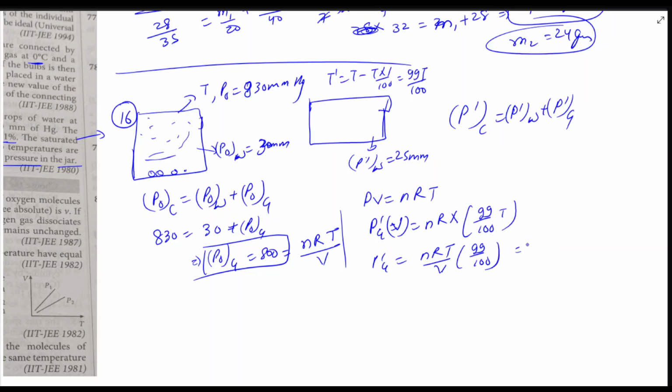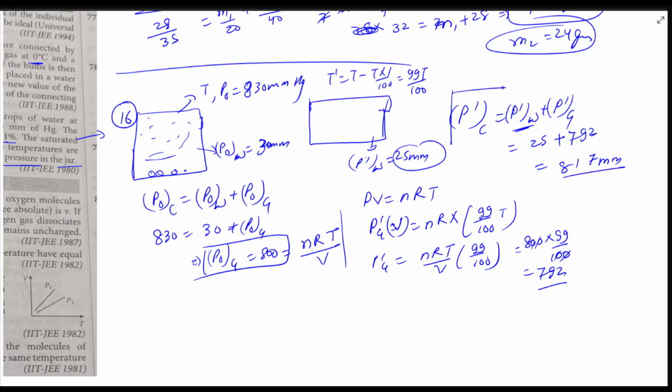And nRT by V was 800, into 99 by 100. So we will simply have 99 into 8. It will be 792. So the new pressure will be the partial pressure of water, 25, plus 792. So we will have 817 mm. Okay, so quite an easy question again.